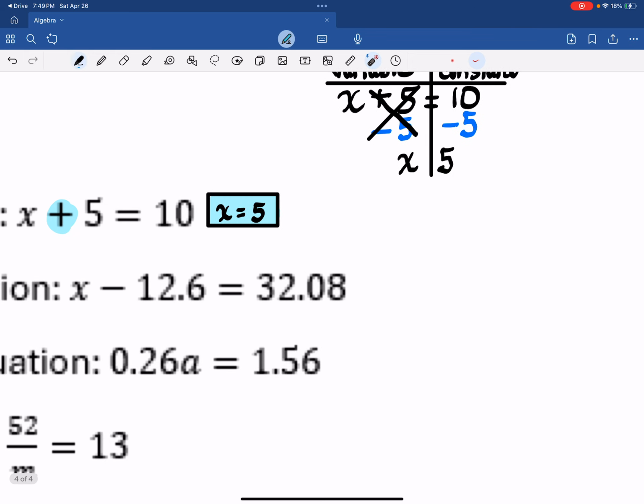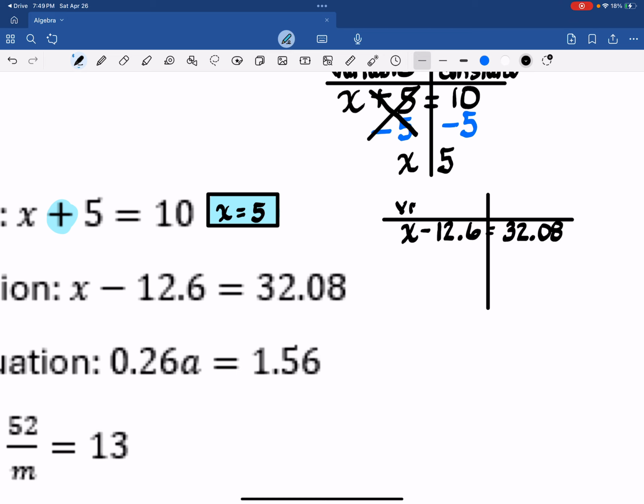Okay, this one. I have an x minus 12.06 equals 32.08. Draw the scaffolds. It will help you if you need it. And ask yourself, where is my variable? We need to isolate that variable.